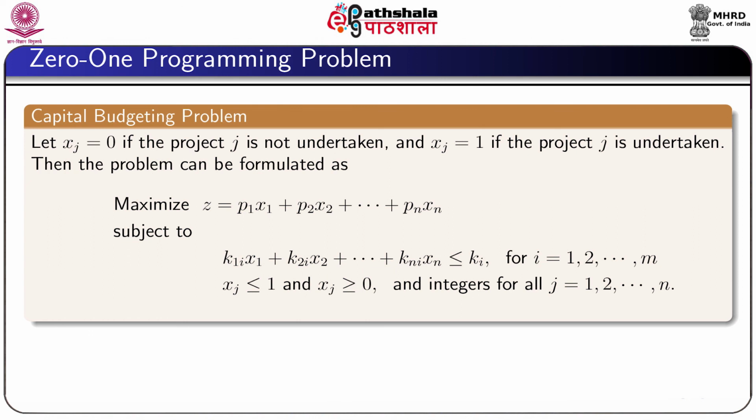In this module, we have discussed Gomory's cutting plane method for mixed integer programming problems. We have discussed the branch and bound method, and finally, we have discussed the 0-1 programming problem. In this problem, the variables are restricted to take only 0 and 1 values.